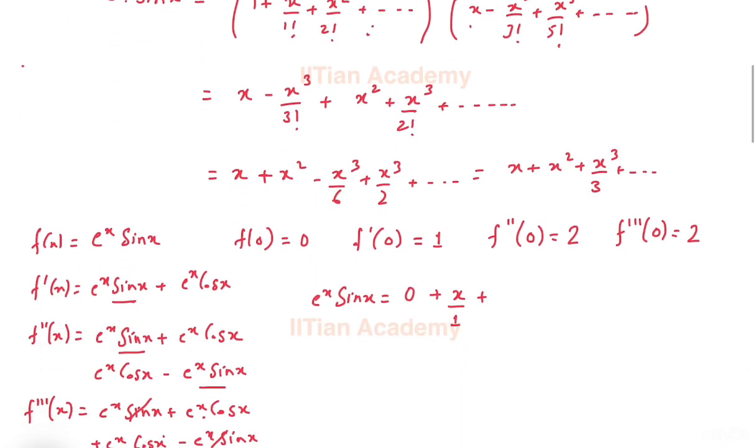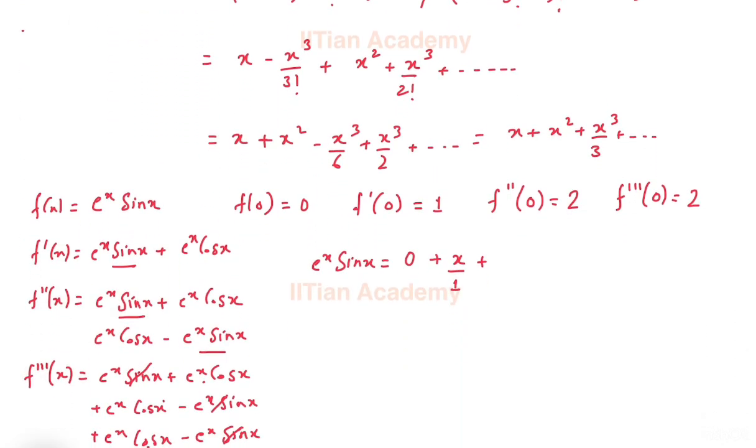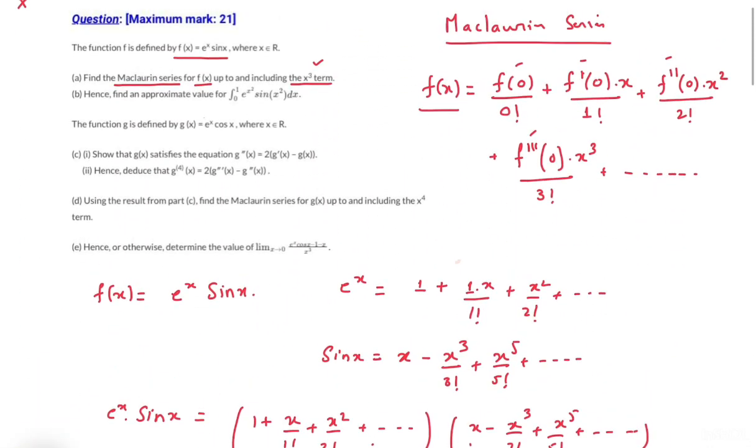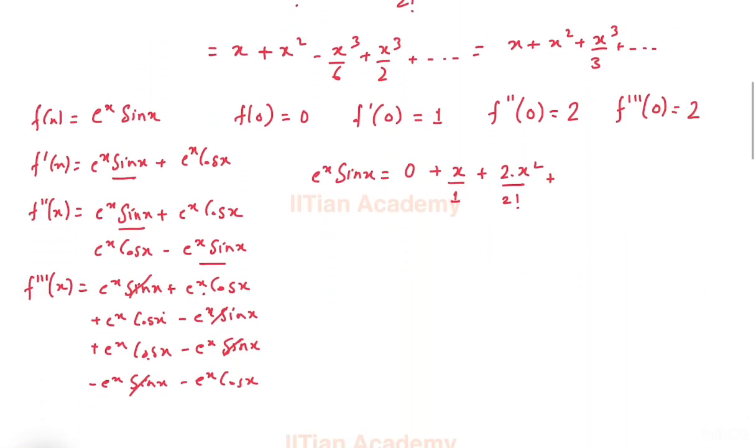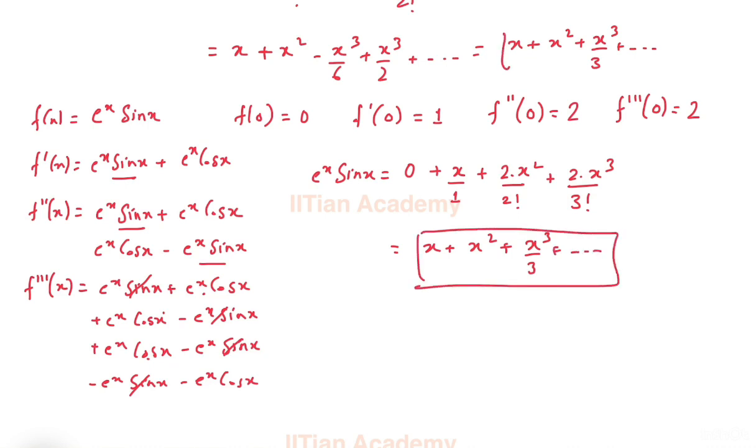So f double dash 0 is 2 into x square divided by 2 factorial, plus we will go for the third term, which is f triple dash 0, which is 2 into x cube divided by 3 factorial. So what we get is x plus x square plus x cube by 3 and so on. So this is exactly same as we obtained in the previous method.